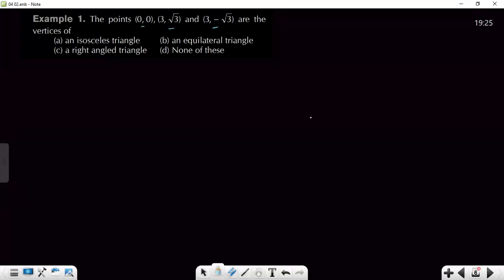An isosceles triangle means a triangle having two equal sides. Iso means same. An equilateral triangle has all three sides equal. A right angle triangle is a triangle whose sides follow the Pythagoras theorem.